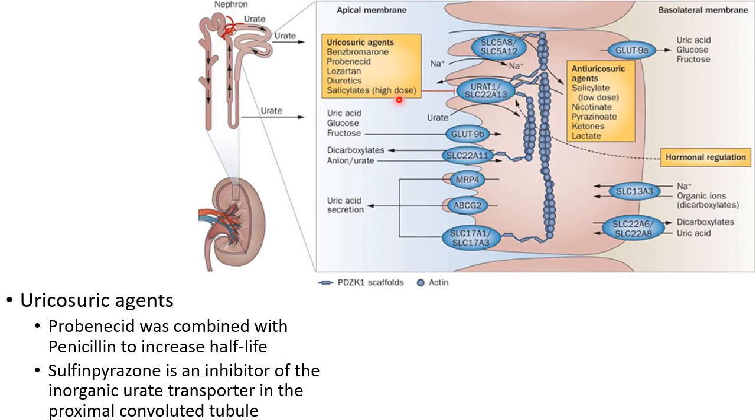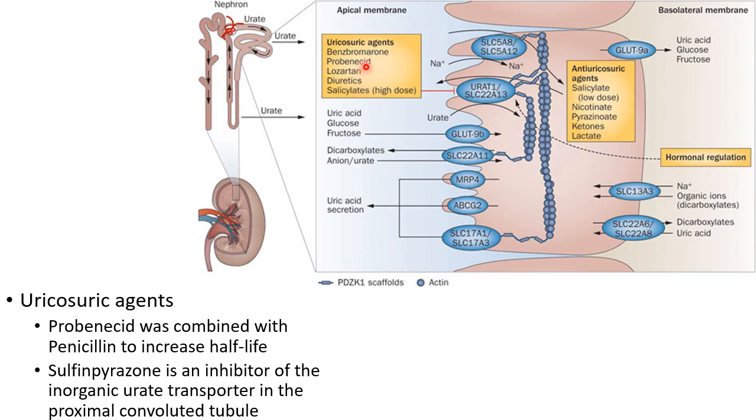But you have agents here, for example, salicylates and your thiazide diuretics, which produce an increase in the activity of your uric acid transporter, and this will lead to an increase in reabsorption, and therefore if you use these agents, you will have high levels of uric acid in the blood, which is a metabolic complication of the use of thiazide diuretics.